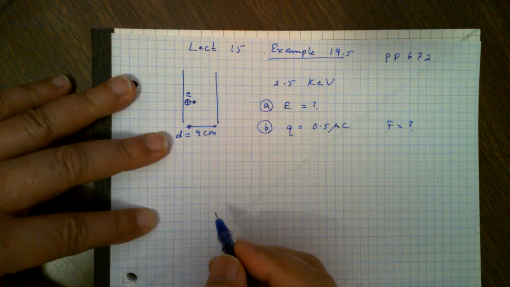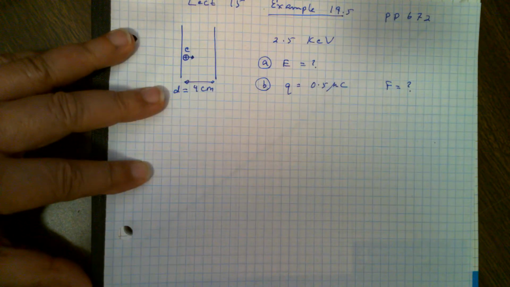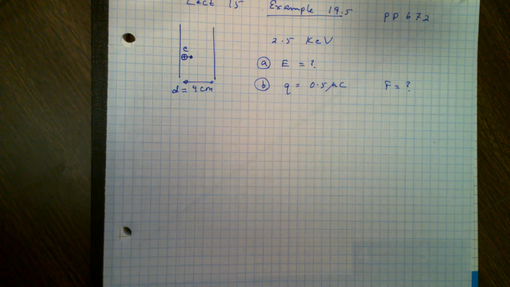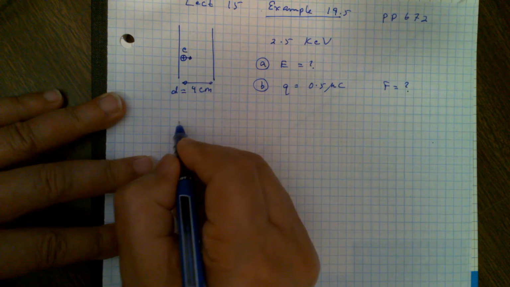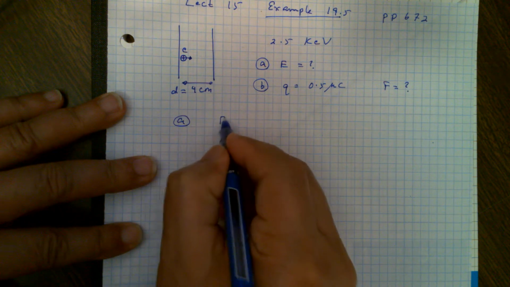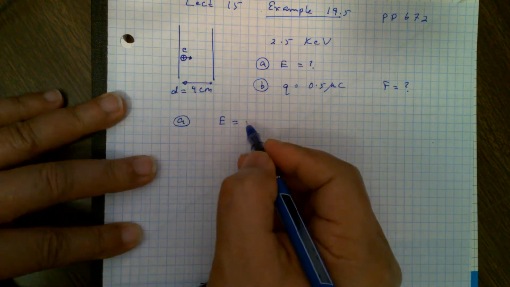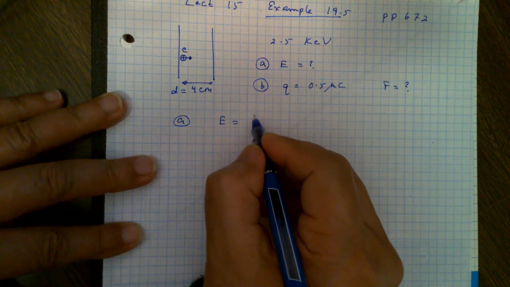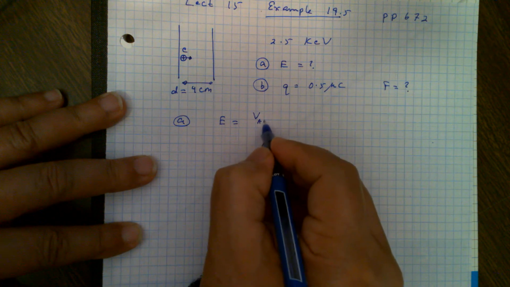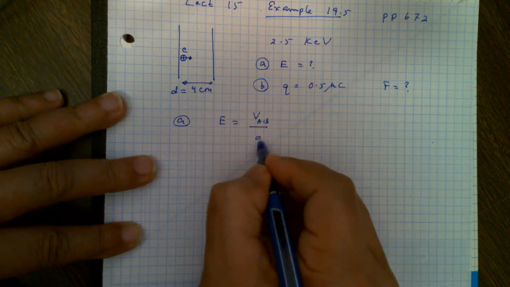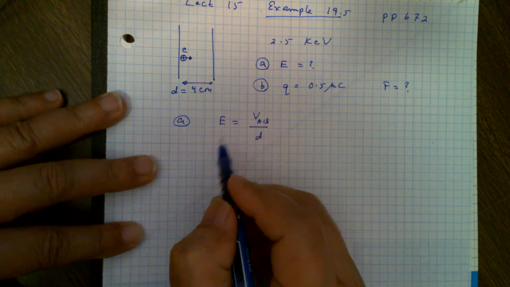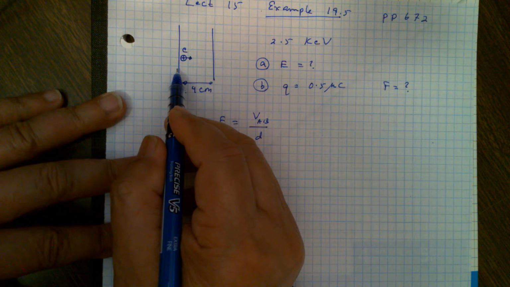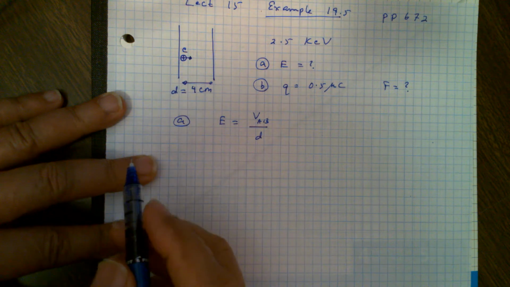All right, so in order to do that, first let me write down the formula for electric field E. So E is equal to VAB by D. And remember, VAB is a positive quantity, the potential of plate A minus potential at plate B.